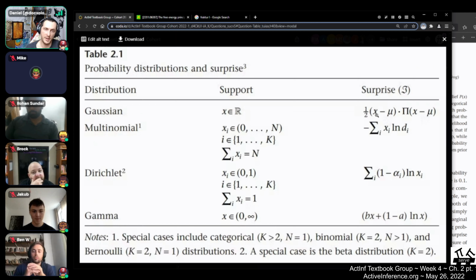For example, one could have a multidimensional Gaussian, a two-dimensional Gaussian, and then the surprise for the two-dimensional Gaussian would be represented as a sum over the different dimensions. So they've shown the Gaussian and the gamma in the unidimensional case, and the multinomial and the Dirichlet in a multidimensional case.